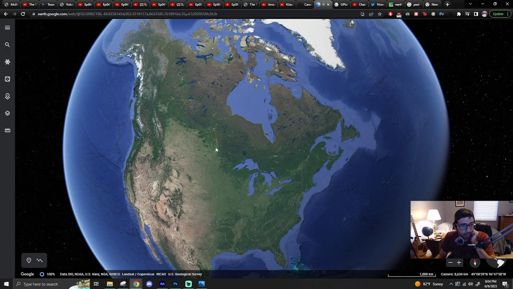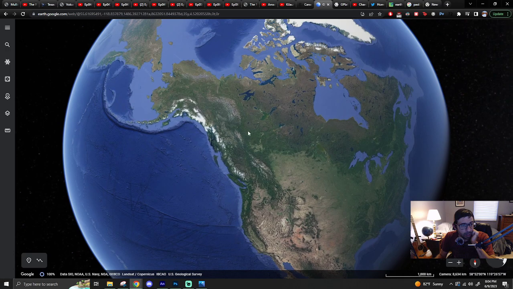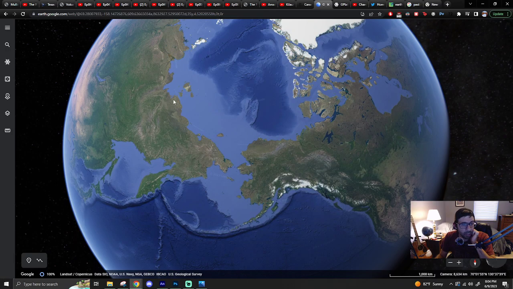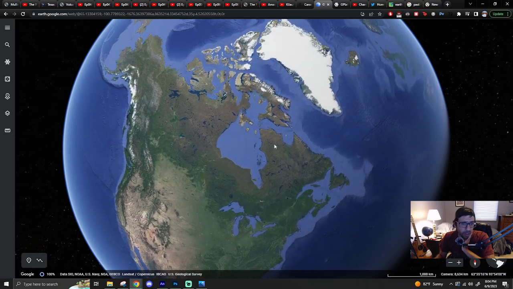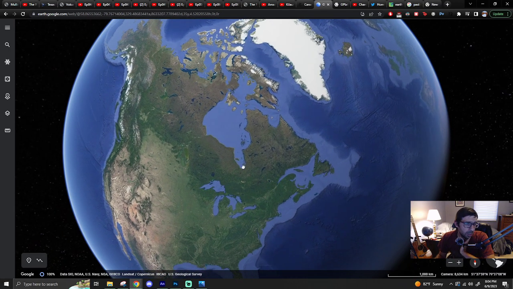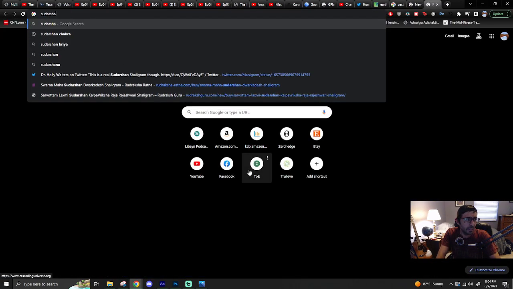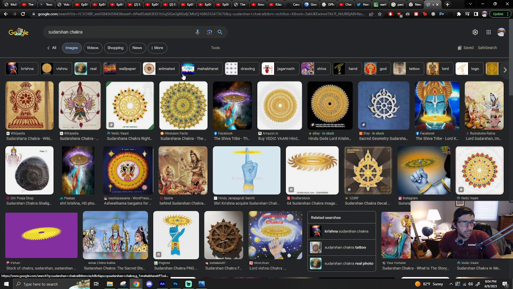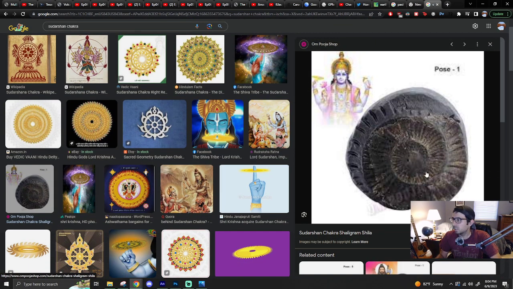It goes all the way around with some kind of petal structure. Petals?